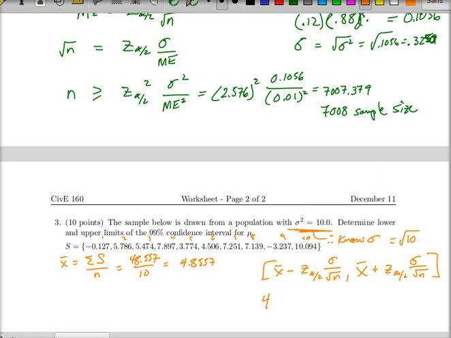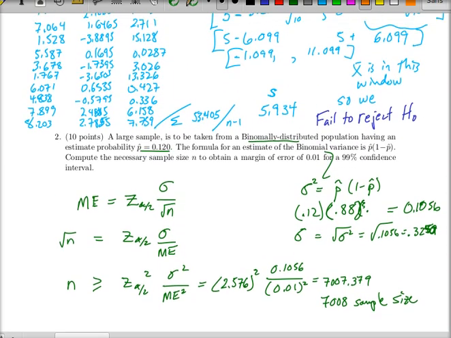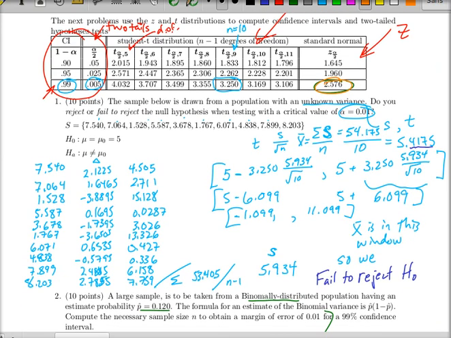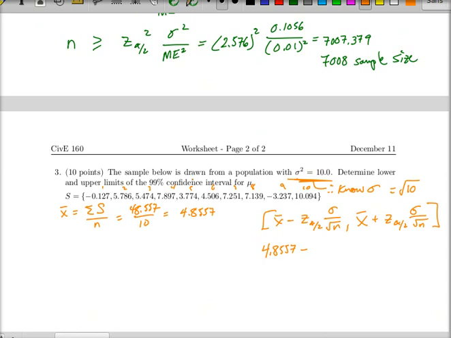This will be 4.8557 minus, and the z we're looking for again, because we're taking the 99%, 2.576, and then this is square root of 10 over square root of 10, which conveniently cancels out, and this is going to be 4.8557 plus 2.576.